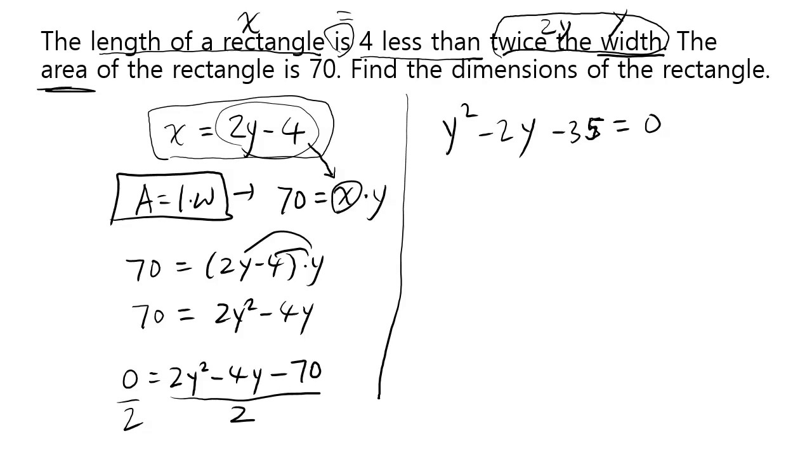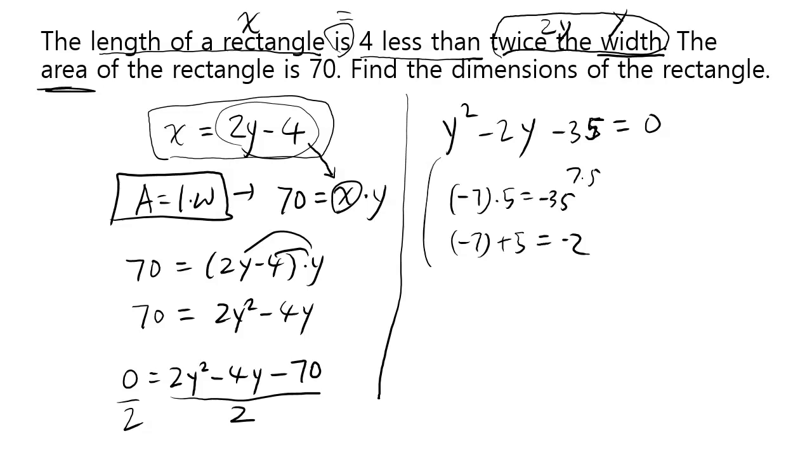Okay. And I know that 35 is 7 times 5, and their difference is 2, so I think negative 7 times 5 gives you negative 35, and then negative 7 plus 5 gives you negative 2. So it matches all the conditions.